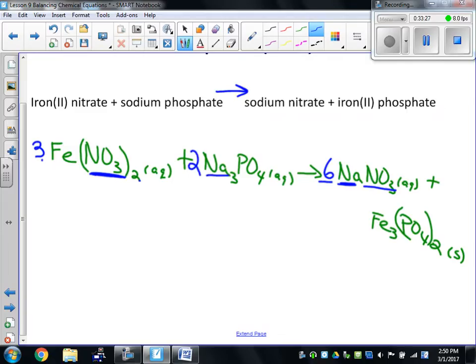Yes, just went. And how many PO4s do I have right here, guys? How many PO4s do I have in total now? 2, right? Look. 2 PO4s, yes? How many do I have here? 2. We're at the end now, right? I think we're done.